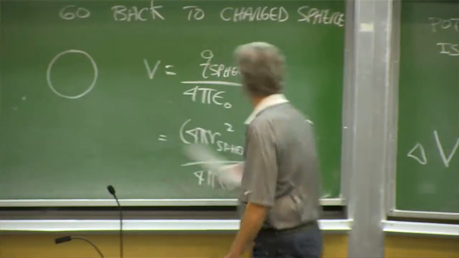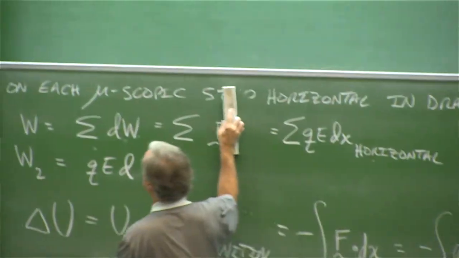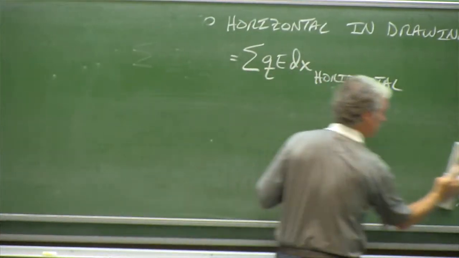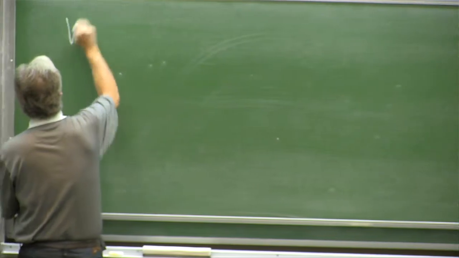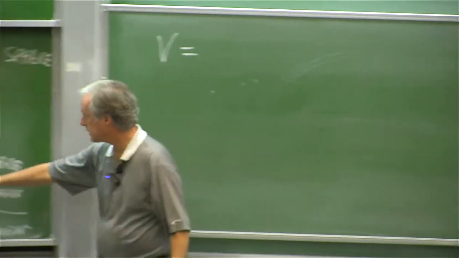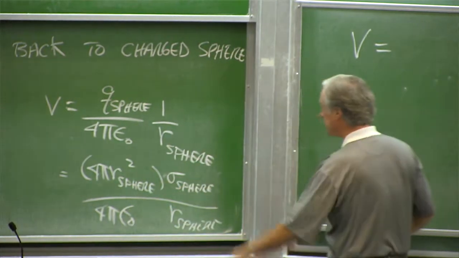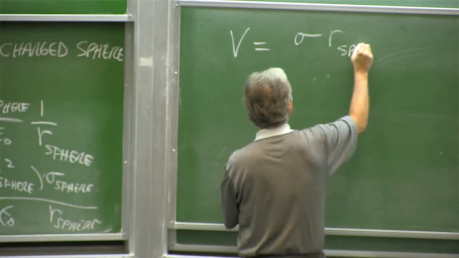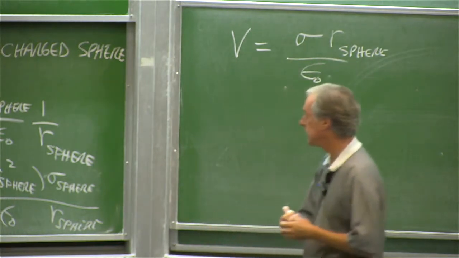So for a given charge density on a sphere, notice that some of that stuff cancels. That guy cancels with one of these, right? And the 4 pi's, right? So it goes as sigma times r of the sphere over epsilon naught. Did I leave anything out?